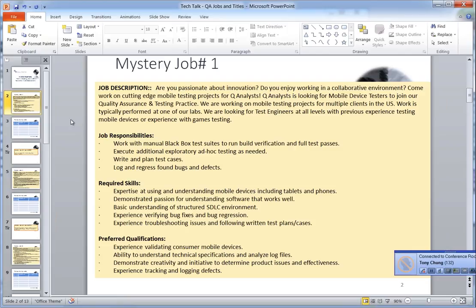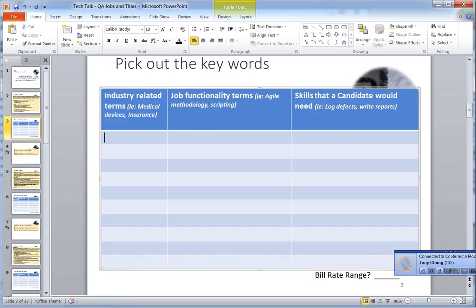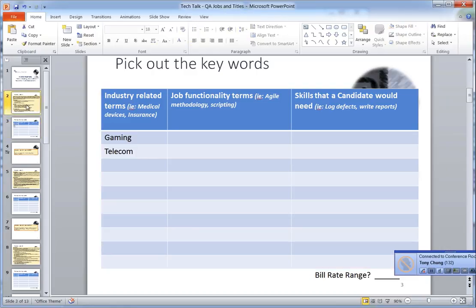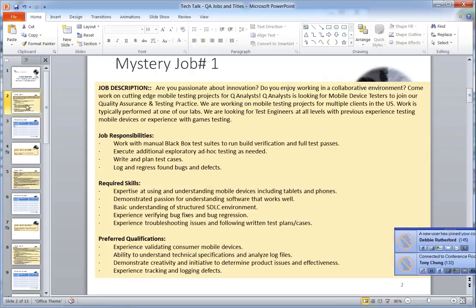Gaming industry. Okay. Telecom. Anything else this position could apply to industry-wise? So far we have gaming and telecom. I'll jump back and forth, so apologies since we can't have it screen by screen to type.